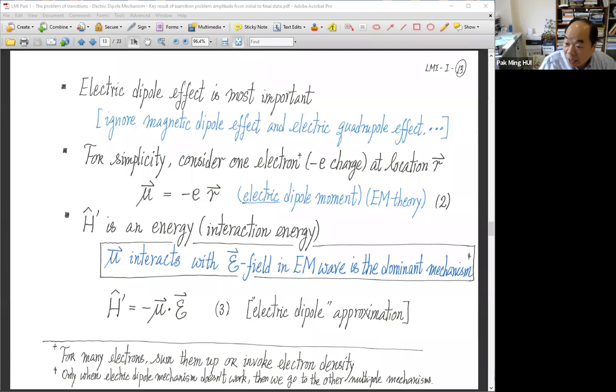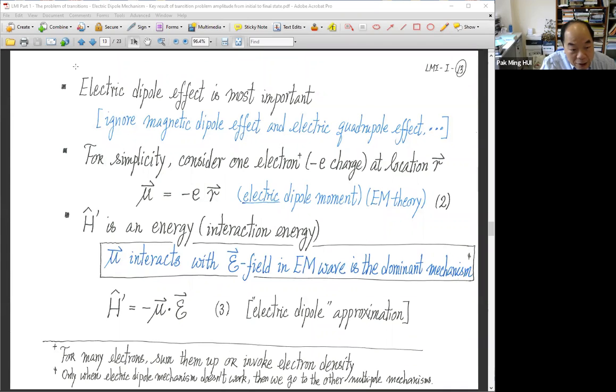So there will be an explicitly time-dependent interaction term. We were trying to write down a formal interaction term so that we have a context to go with when we discuss the more formal approach.